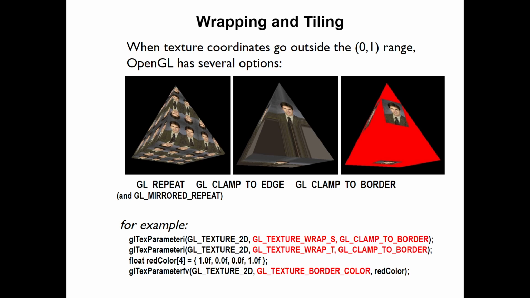Once you get to 1, it's as if you start over again, so your texture just repeats over and over again, and you get that nice repeating value. Or you could say clamp to edge, which says whatever the last pixel that's visible there is, continue to use that one.